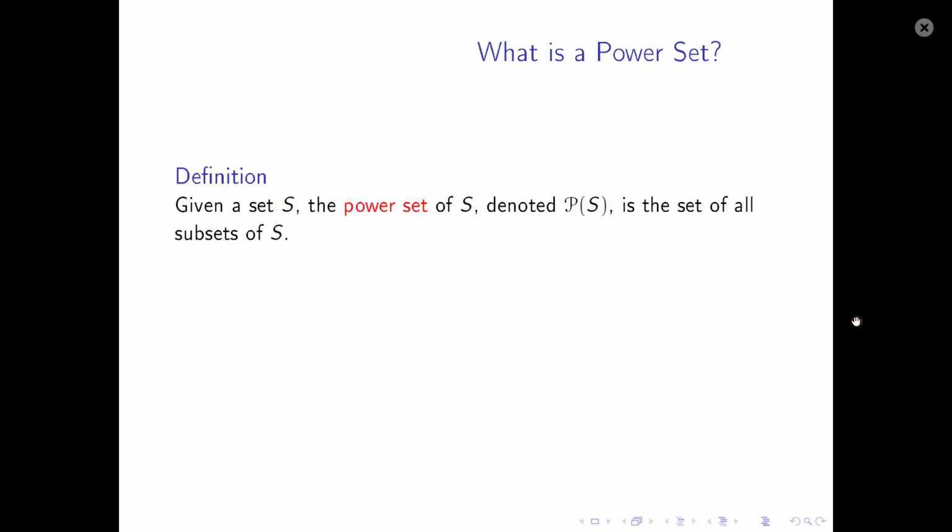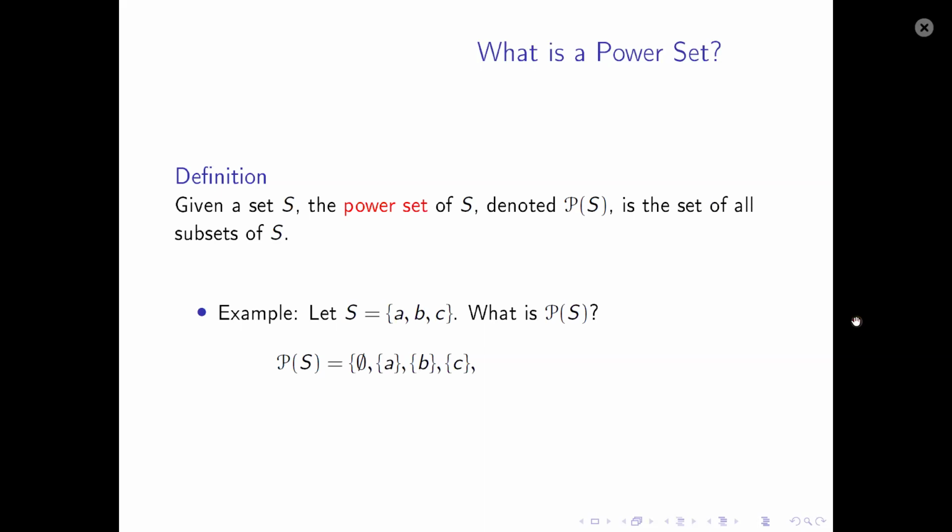All right, let's talk more about something called a power set. A power set is the set of all subsets of S. So if I give you the set S, which equals {A, B, C}, what's the power set? Well, the empty set, we've already said, is a subset. The sets {A}, {B}, and {C} by themselves, take each element and make it its own set. Those are subsets. What if I pick pairs: A and B, then A and C, and then B and C?